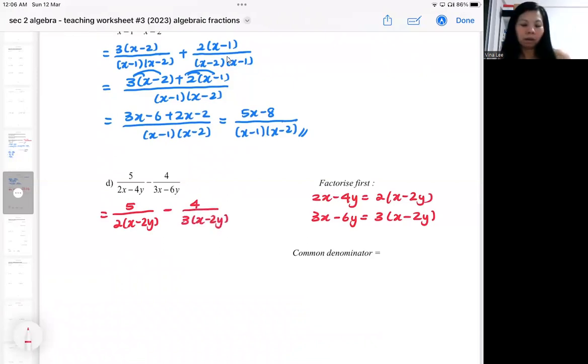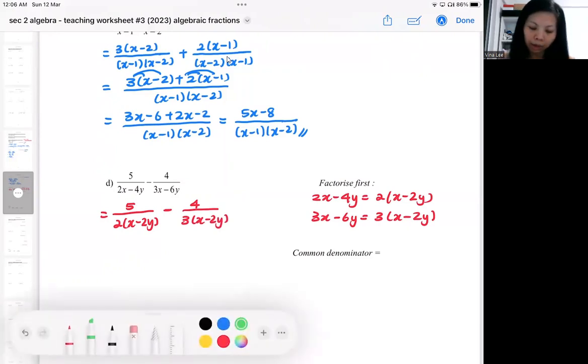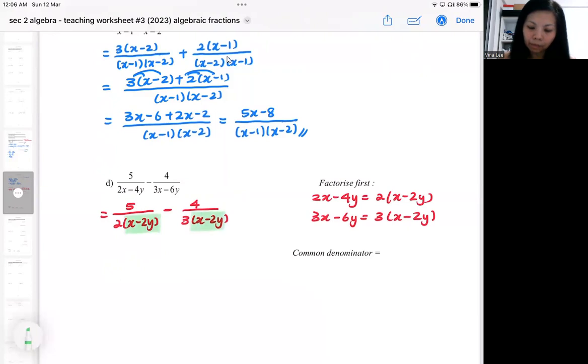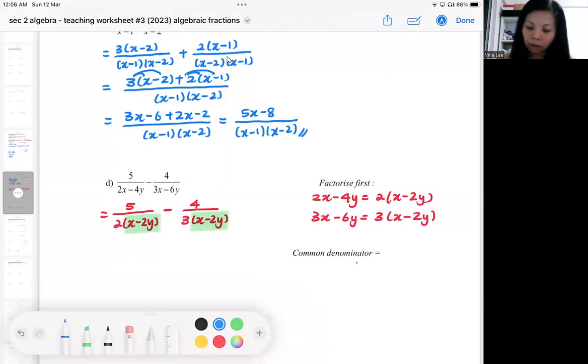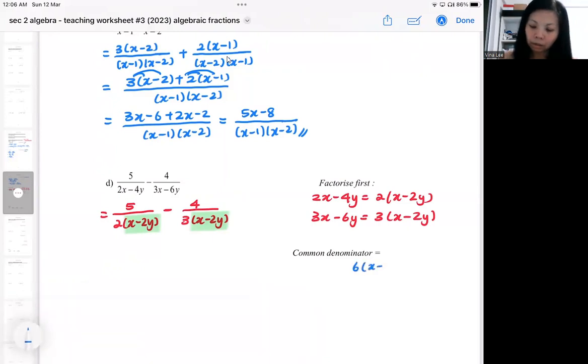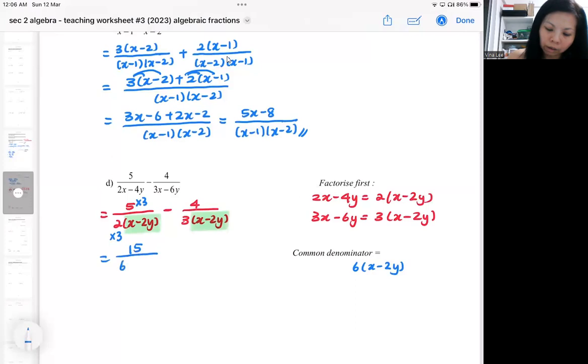So if you look, they already have a common bracket. So the common denominator will be 6, because they already have the common bracket. So I just need to times 3. Then I will get 15 over 6 times the bracket x minus 2y.